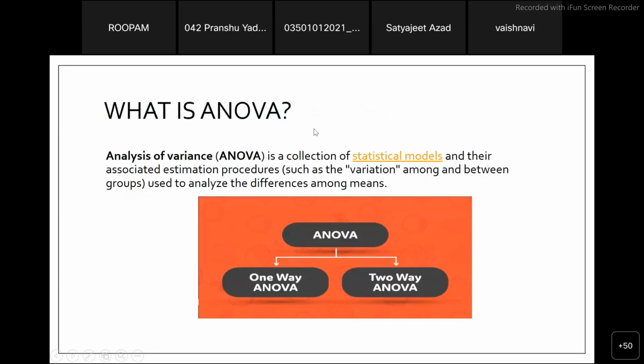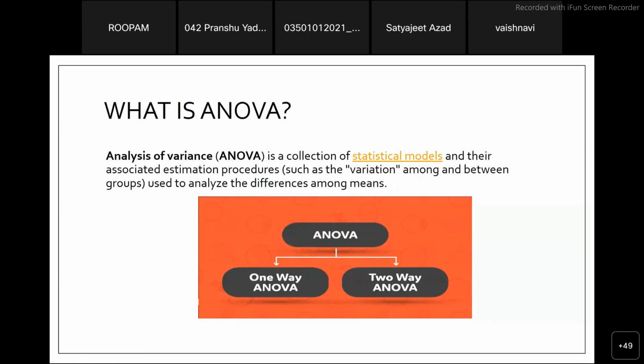Okay. So when you see analysis of variance, there are many types, but I'm just trying to cover one way and two way so that you can understand it properly. For a one way ANOVA, first let me define it. Analysis of variance is a collection of statistical models and their associated estimation procedures used to analyze the differences among the means.